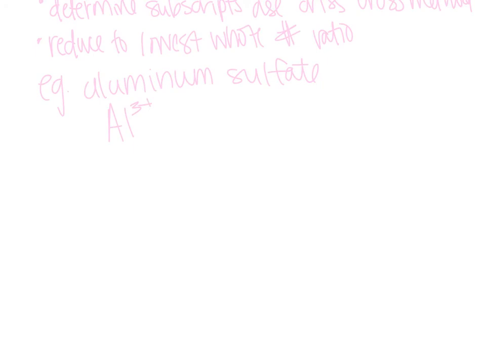And then sulfate, we can look at our polyatomic ion chart and figure out that that is SO4 2 negative. And now we have to do the crisscross method and bring that down here and that down here. So we get Al2, put it in parentheses, SO4 3. And that is what aluminum sulfate is.